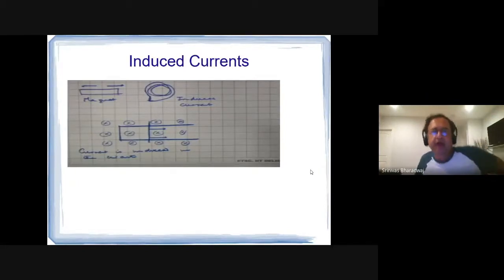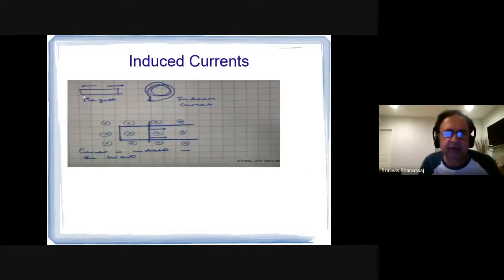Now look at the following case. One is the magnet moving near the coil. As you move the magnet with your hand, it induces a current. The most common case we use in normal life is the bicycle.